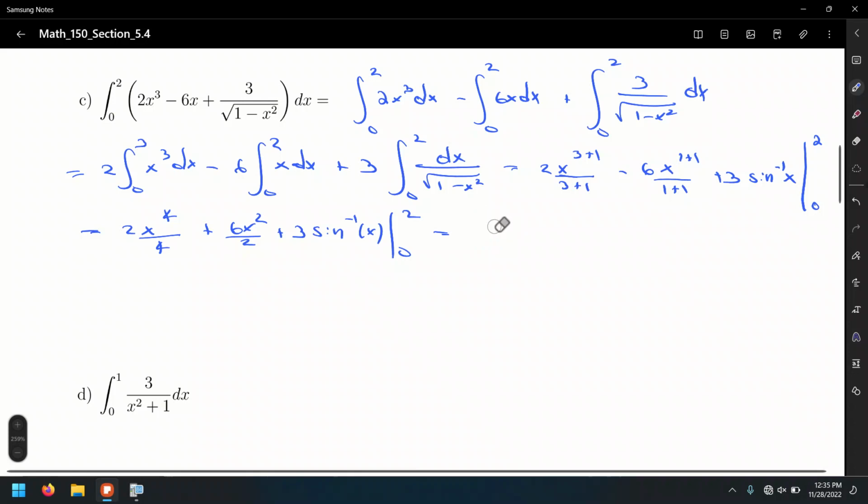Or let me write it the other way, actually, because I'm going to do operations with this. x to the 4 over 2 plus 6 over 2, which is 3x squared. And plus 3. Oh, actually, this is supposed to be minus. And 3 sine inverse of x.